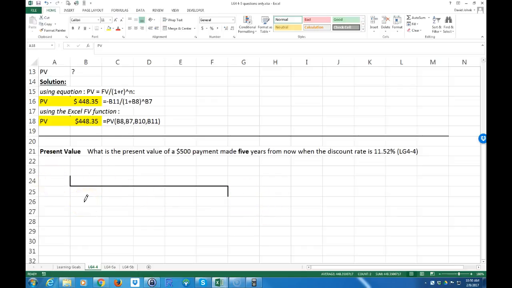Okay, so hit escape. Again, this is equal to 500. And this is your 0, 1, 2, 3, 4, 5. And this present value is what we want to know.